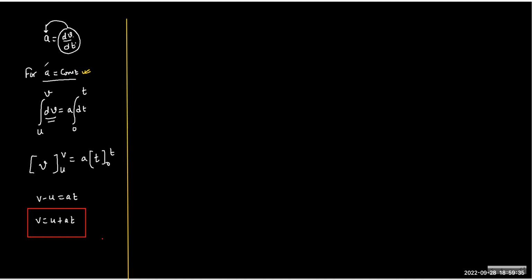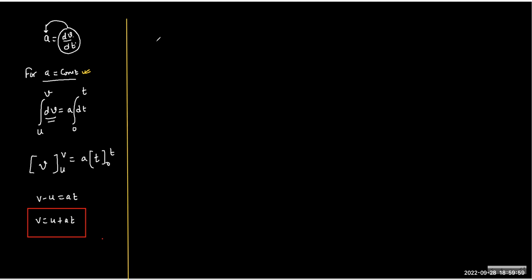They will give you A equals to 2t, but you will also apply V equals U plus AT, which is entirely wrong. Any acceleration which is not constant, we are not supposed to use the formula. And this mathematical derivation gives you the idea under what condition we derive it. I hope this is something you can remember.